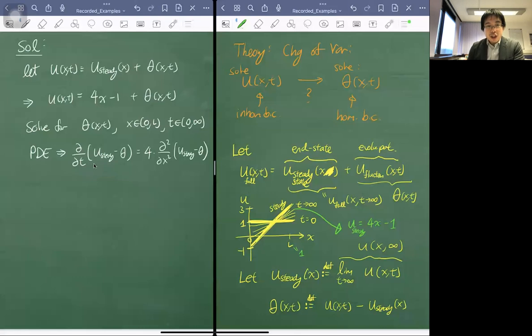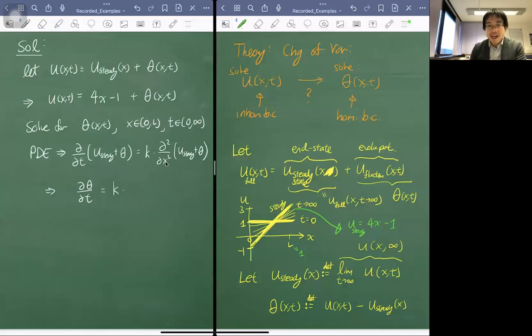Now over here, notice this is with respect to time, but u steady here has no time dependence. So this is just d theta dt equals k. Instead of confusing that with 4, let me just keep it as k. I'll plug in the k at the very end of the solution.